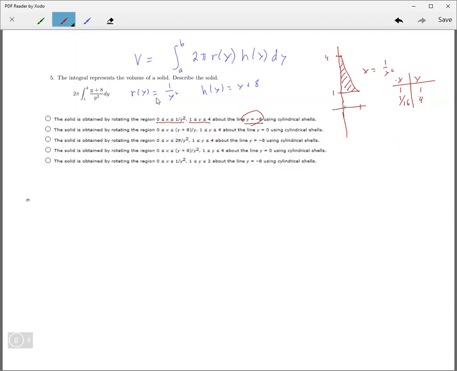If that was the case, then the radius, well, if that's the case, the radius would be that one and the height would be that one. Okay, so the height would be this one right here.